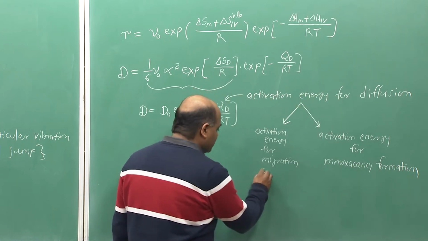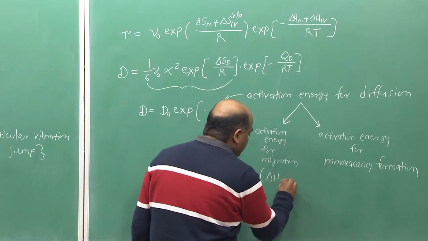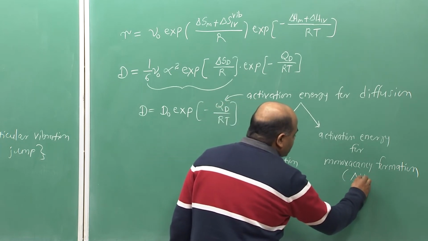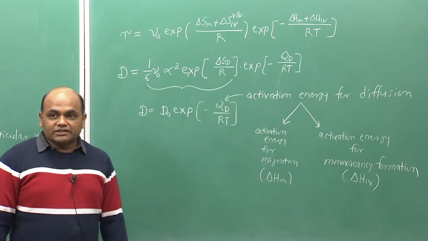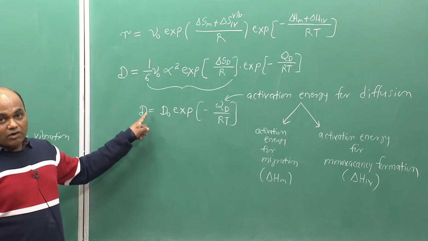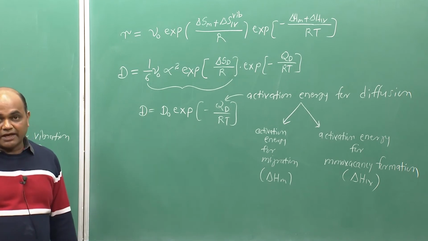Right, this we denoted as delta H m, and this part we denoted as delta H 1v. This is for the diffusion of the atom by vacancy mechanism.